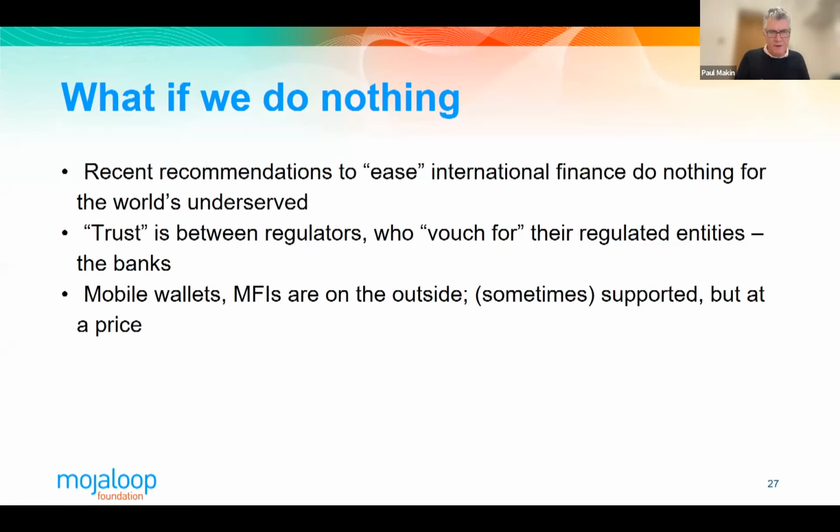And they vouch for their regulated entities because they have supervised them according to the FATF recommendations. So it actually only works down to banks. Mobile wallets, MFIs, collectively known as the NBFIs, the non-bank financial institutions, they're all on the outside. Sometimes they're supported, but it's all at a price.